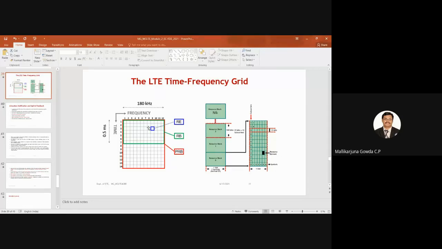To balance the trade-off between granularity and overhead, we are selecting the size of the resource block, that is 12 subcarriers and 7 OFDM symbols, which is equal to 0.5 milliseconds, right? So totally there will be 84 resource elements.